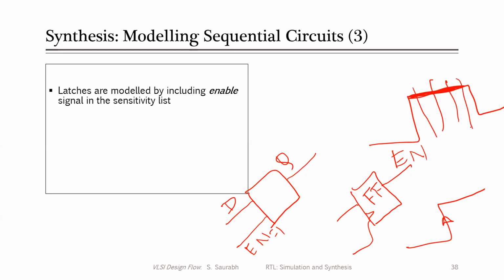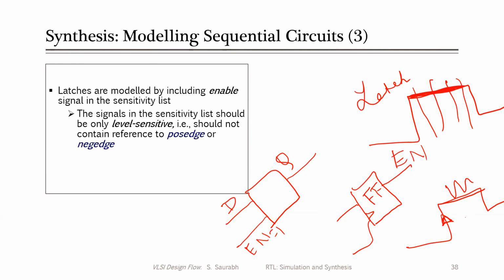This is the behavior of a latch. For a flip-flop, even in this time duration, if D is changing, your output will not change, because the output changes only when the clock edge occurs. So this is the basic difference between a flip-flop and a latch.